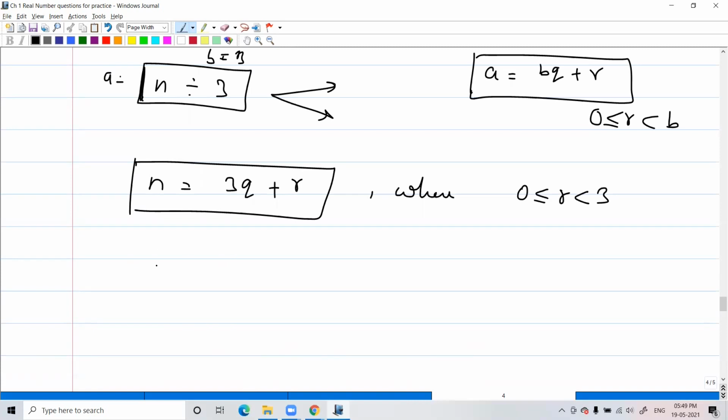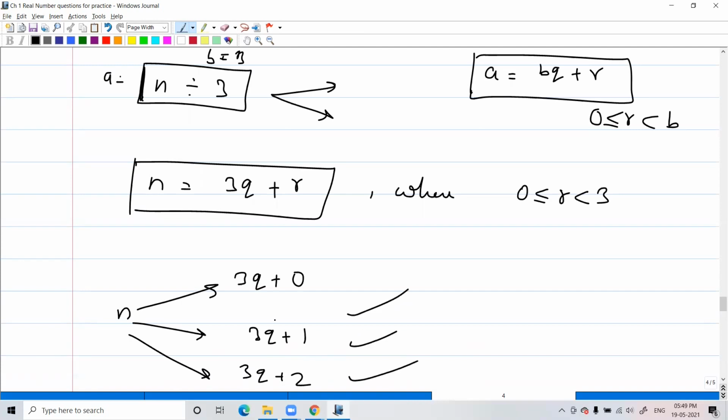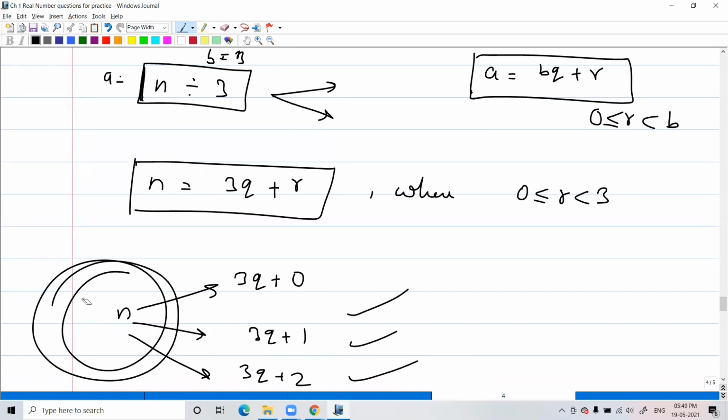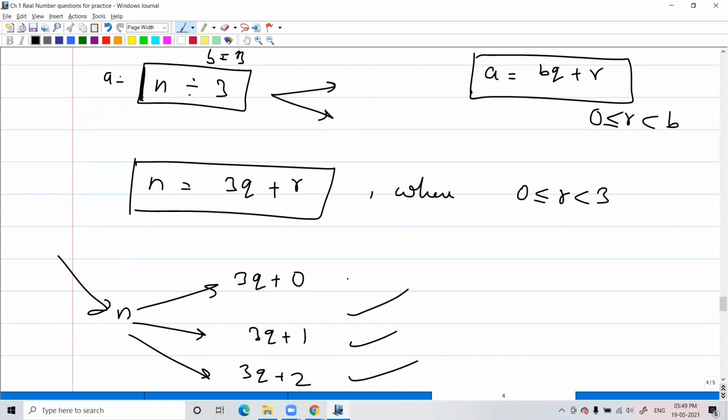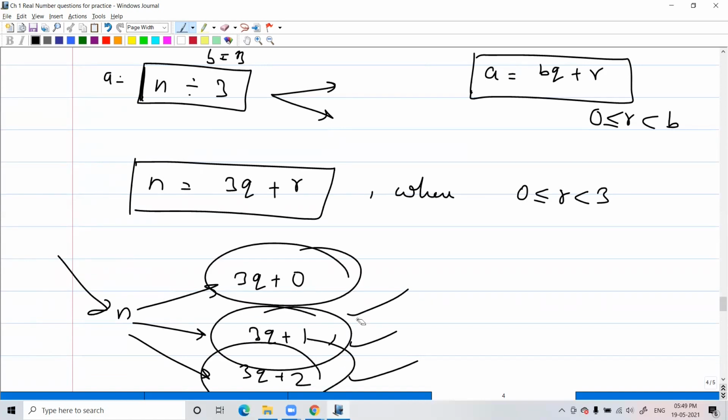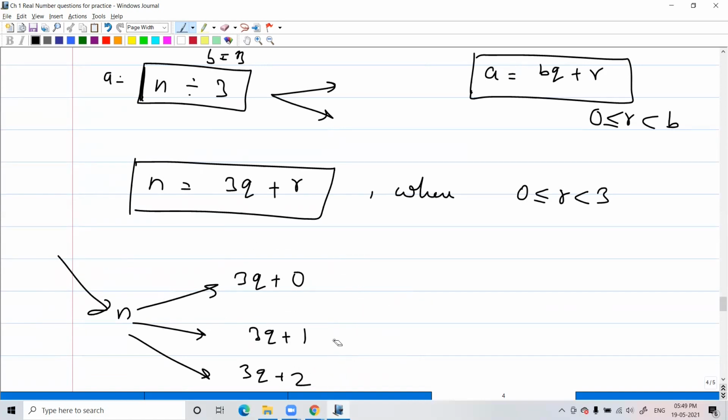That's why there are 3 ways. What are those 3 ways? I can represent n as 3q plus 0, 3q plus 1, and 3q plus 2. These are the only 3 ways in which any positive integer in the world can be represented. So if I prove that all these 3 ways are always divisible by 3, then that means any number n will always be divisible by 3.